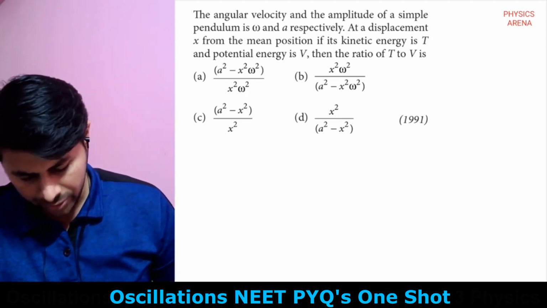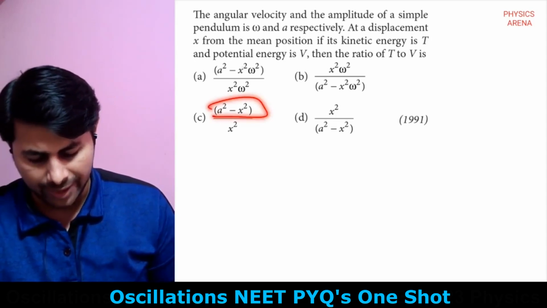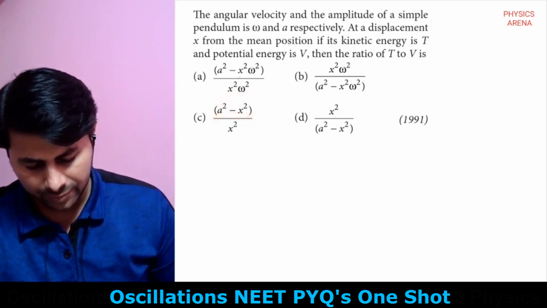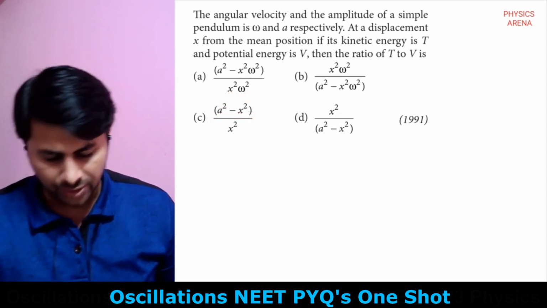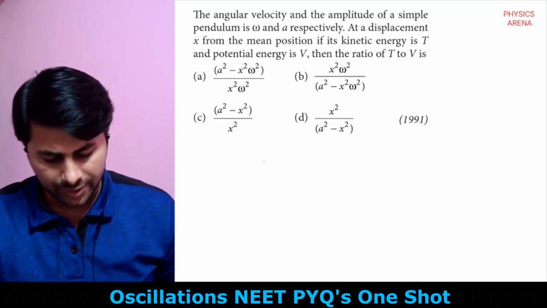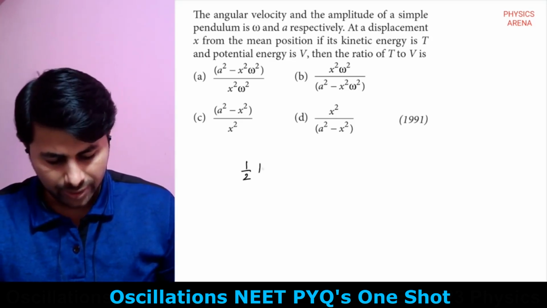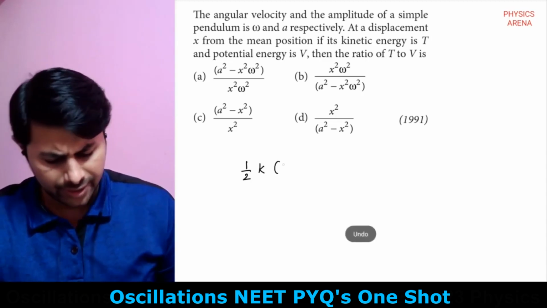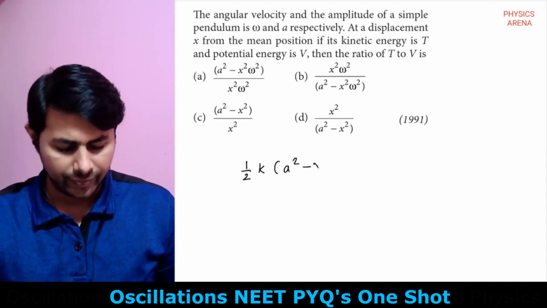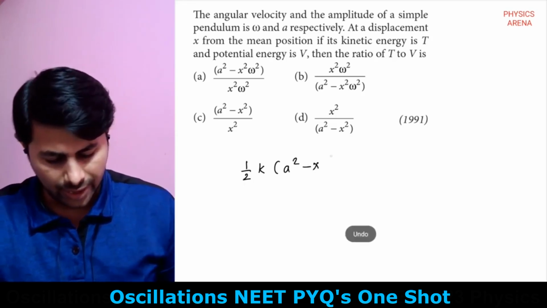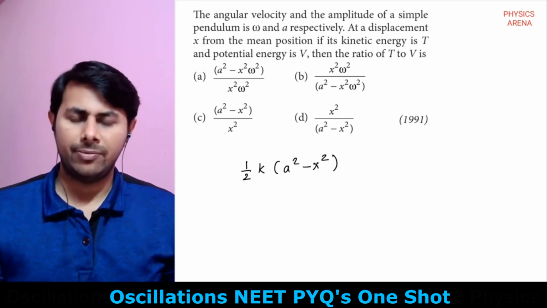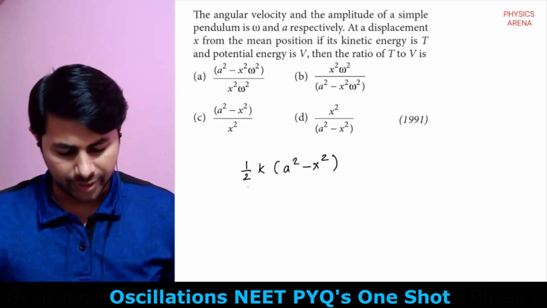Yeah. So you see here it's a square minus x square, right? So we can use this formula for kinetic energy. It is half of k multiplied by a square minus x square. Let's use small a. Half of k multiplied by a square minus x square.